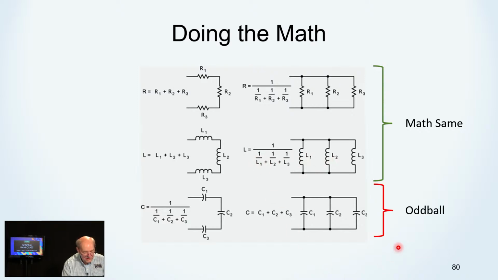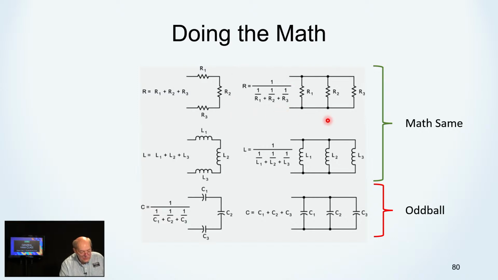Capacitors are the oddball. So if you can get that, it'll help you a bunch. Notice the formulas here for resistors in series. It's just R1 plus R2 plus R3. Just add them up. In parallel, look at this nasty thing. Who wants to try to calculate that?